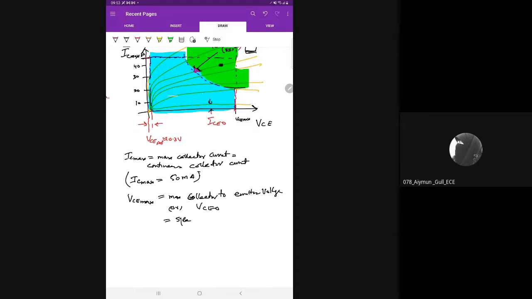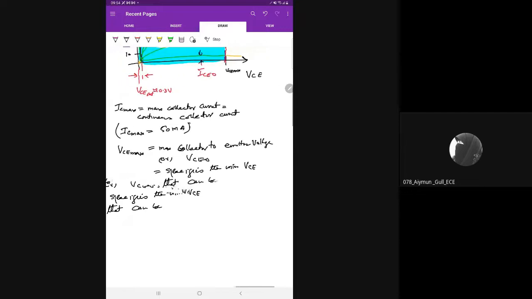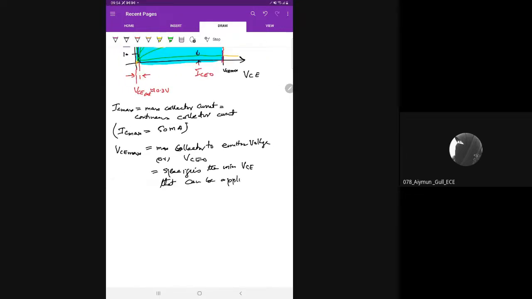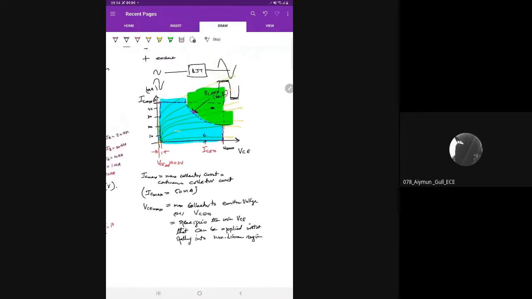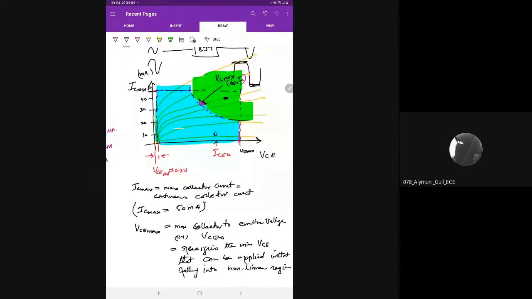It specifies the minimum VCE that can be applied without falling into non-linear region. So this active region is a linear region.